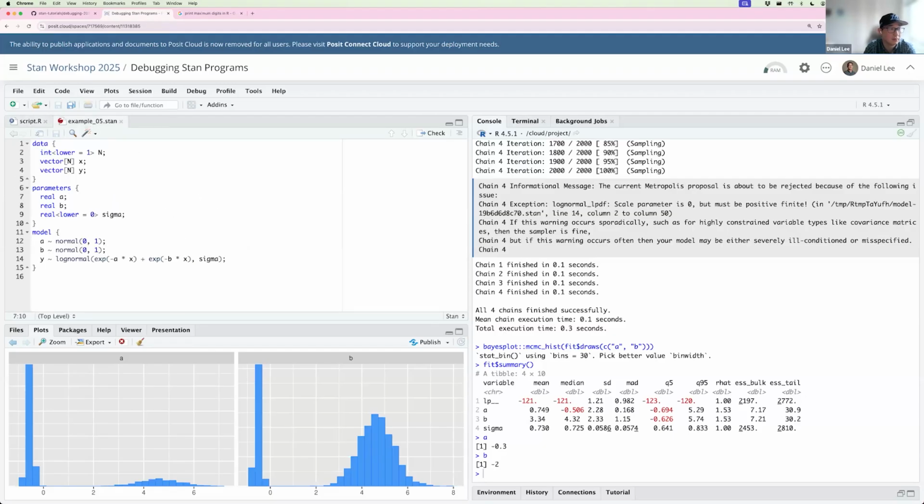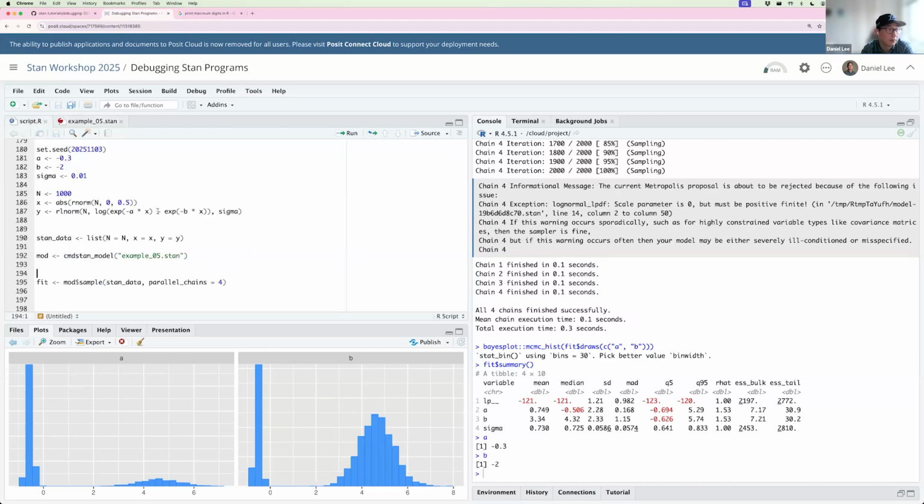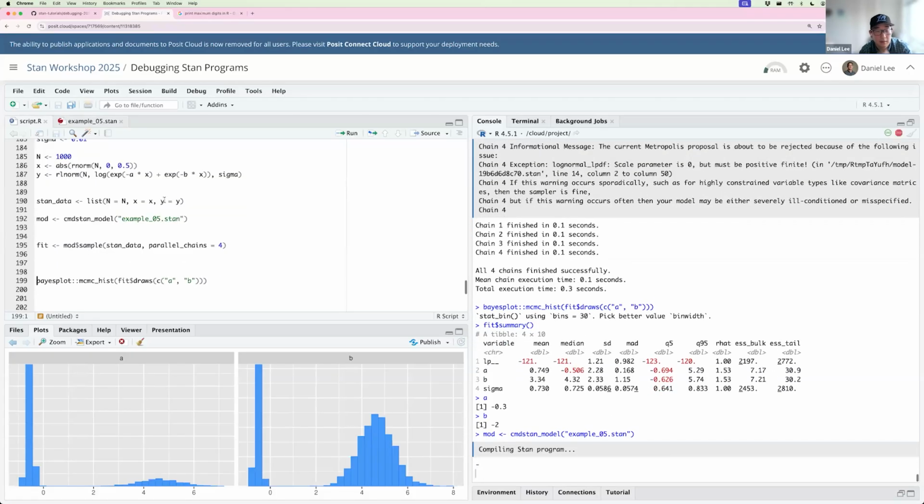And I think this is the one where I can go and say or equals A. So if I do something like that, I want A to be lower than B, because what's ending up happening is that this is like a non-identifiability that's happening here. We can run this, and that should help with this particular problem.